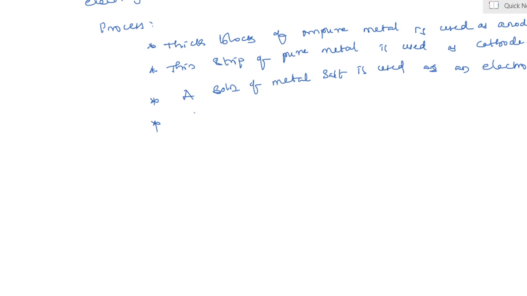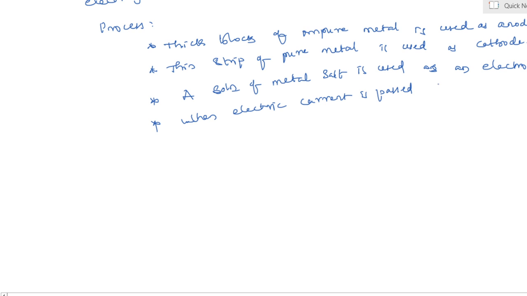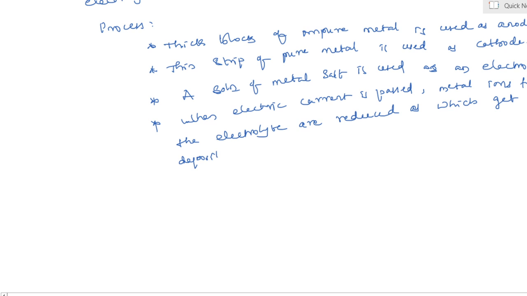Afterward, when electric current is passed, metal ions from the electrolyte are reduced as metal, which gets deposited on the cathode.